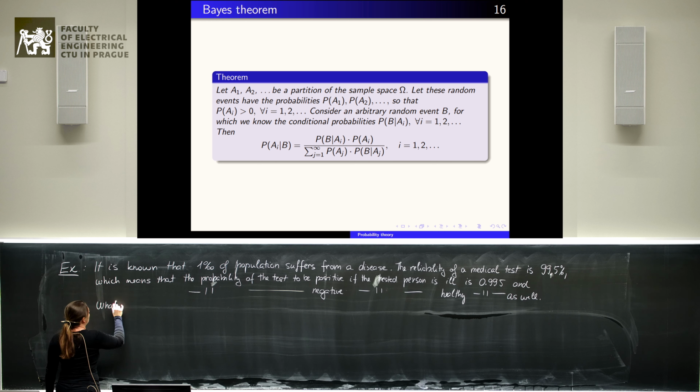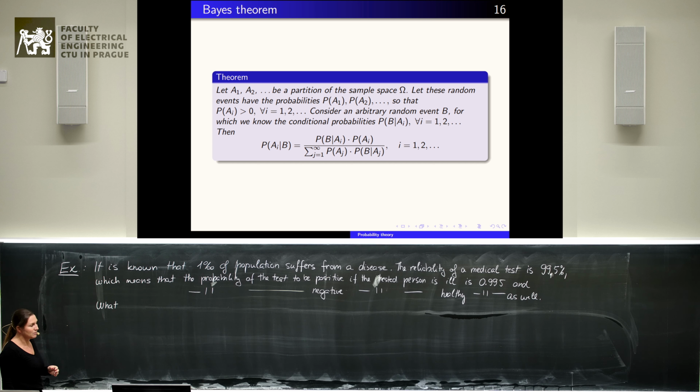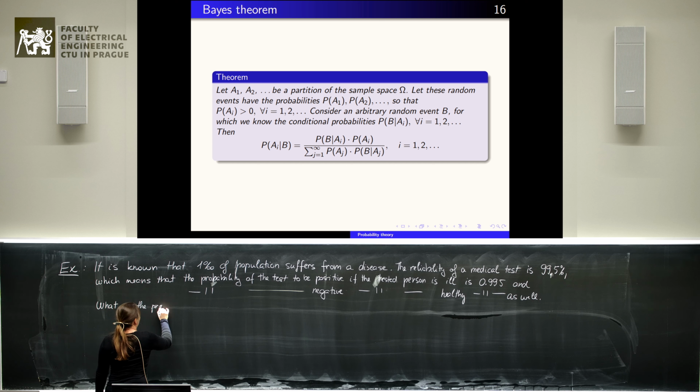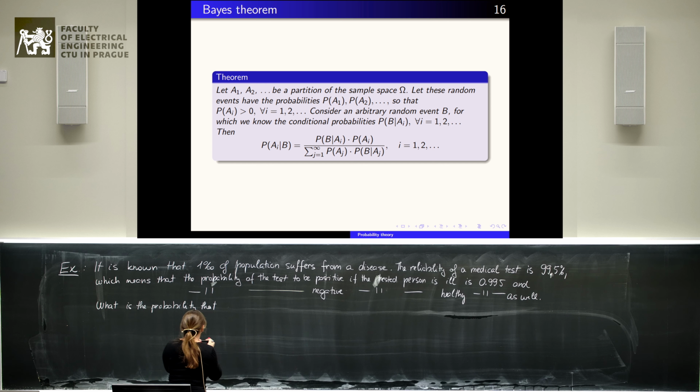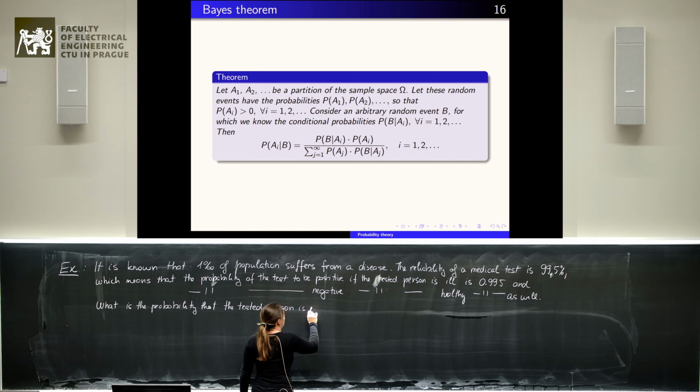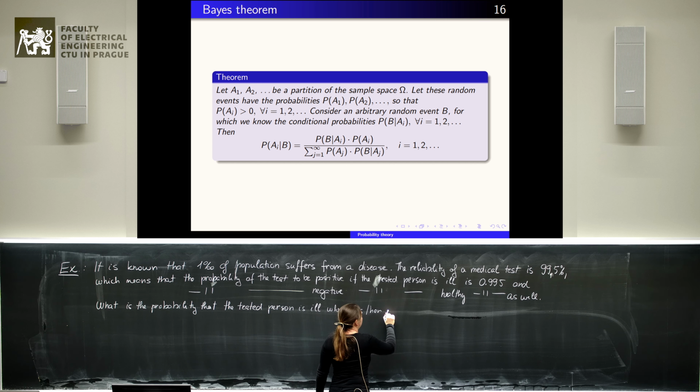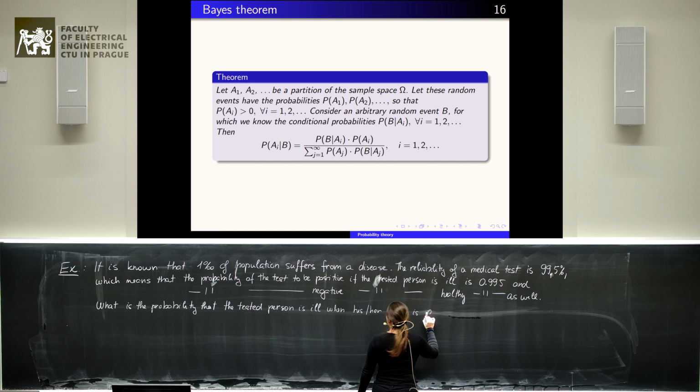The question is, when a person, for example you, have a positive test, what is the probability that the person is really ill, when his or her test is positive?